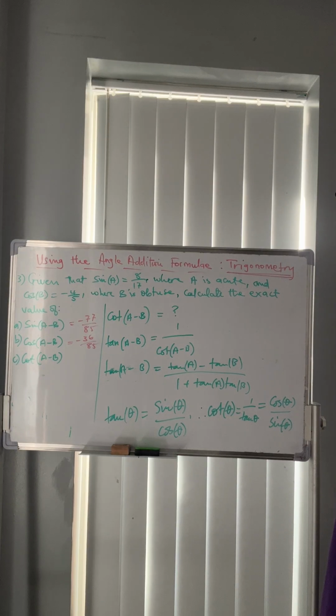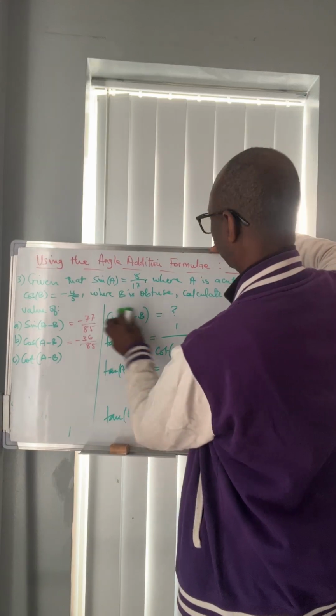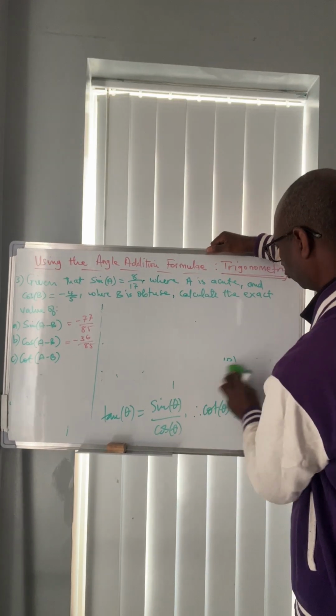So we now know that the cotangent of A minus B is equal to the cosine of A minus B all over the sine of A minus B. So we've come back here. We are not even going there. We are doing it here.